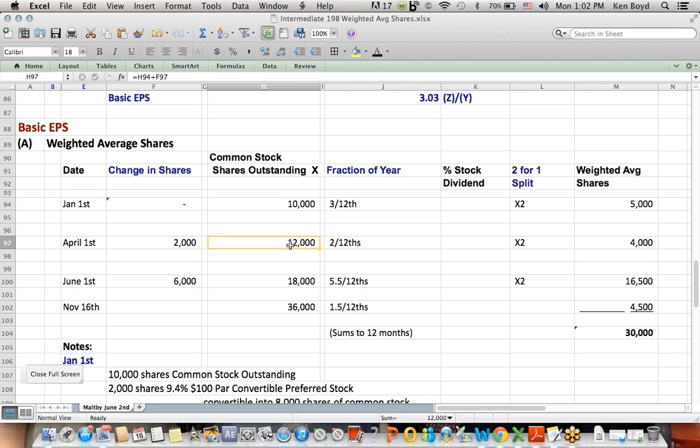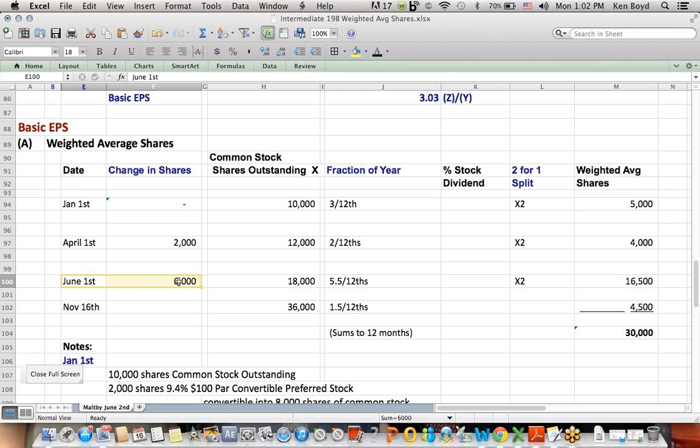The way to set this up to figure out average shares is to divide it into periods of time. For the period from January 1st to April 1st, that 3-month period, 3/12 of a year, we have 10,000 shares outstanding. Then we issue 2,000 more shares, which means we have a total of 12,000. That's the outstanding amount between April 1st and June 1st, which is 2 months or 2/12.